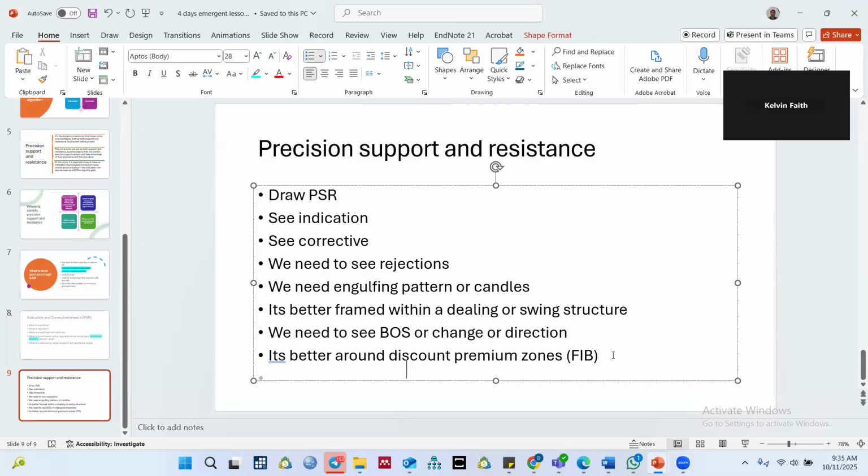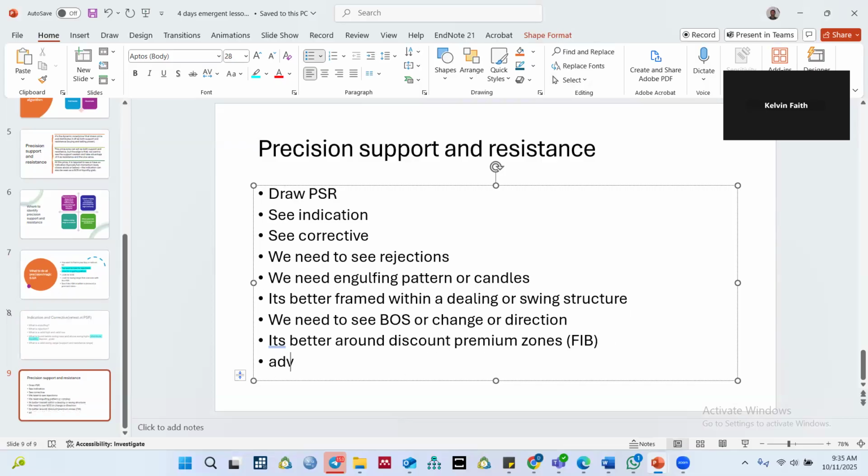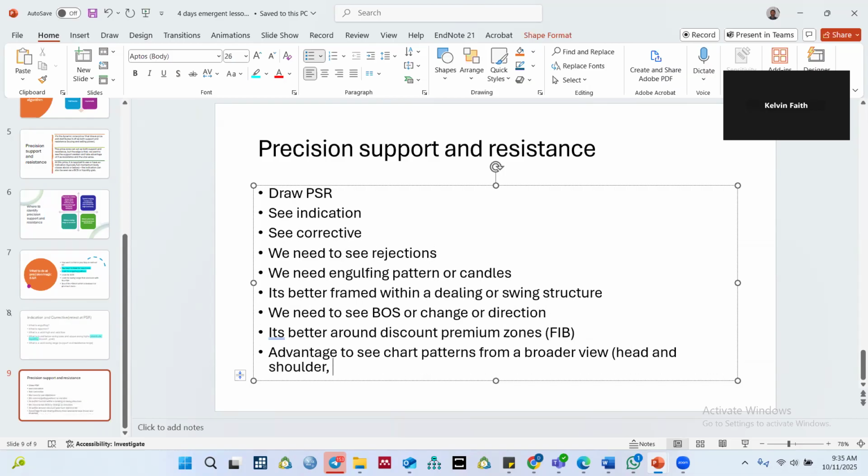And sometimes it's an advantage to see chart patterns from a broader view, like head and shoulders, double tops, double bottoms, flags, etc., for both continuation and reversal patterns.